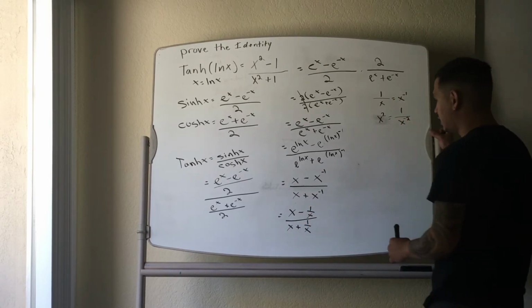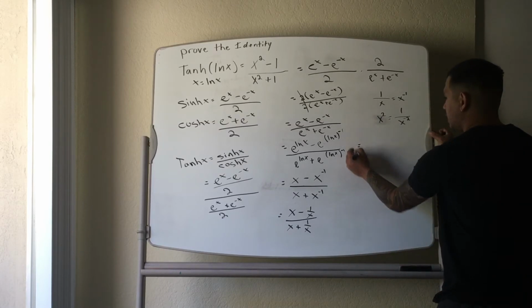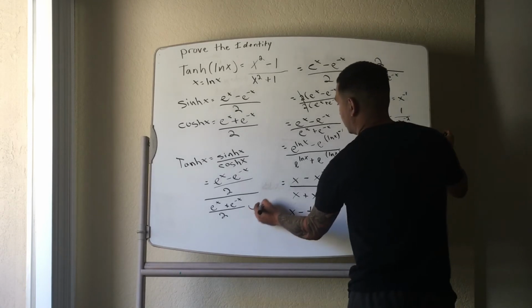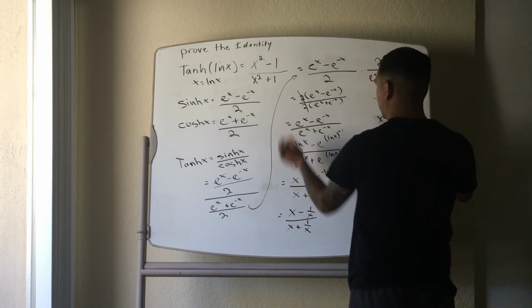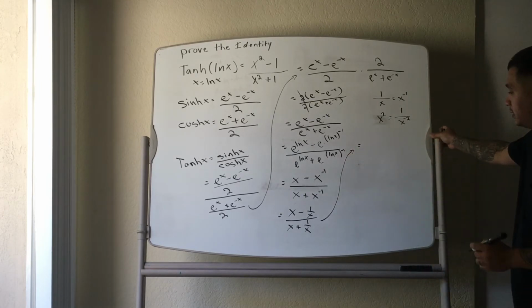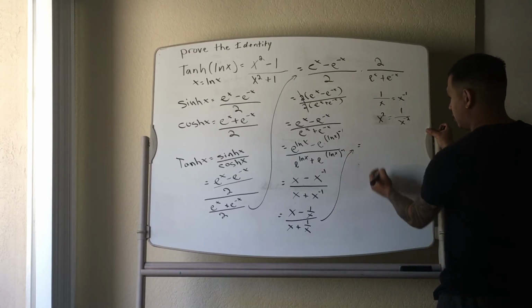So if we get the common denominator, let's come up here. I like to do these arrows just to indicate where I'm going, right? So right here, we're going to get common denominators.